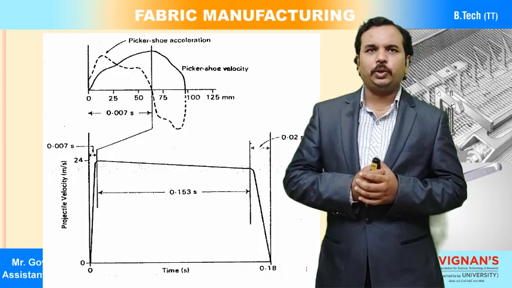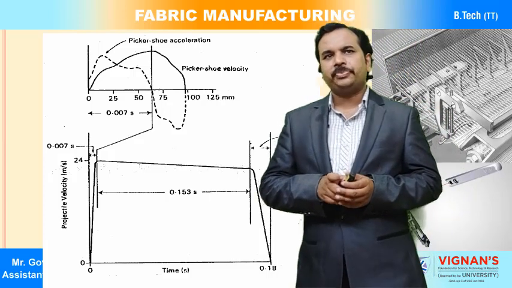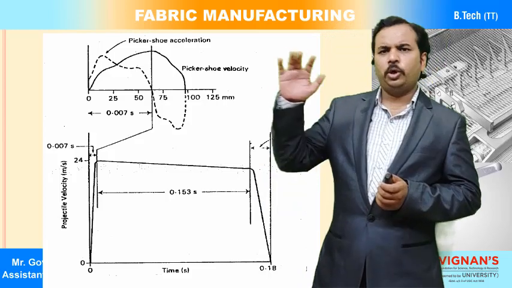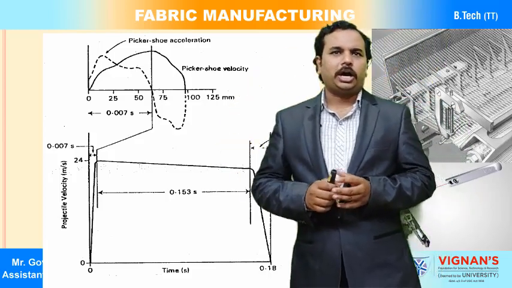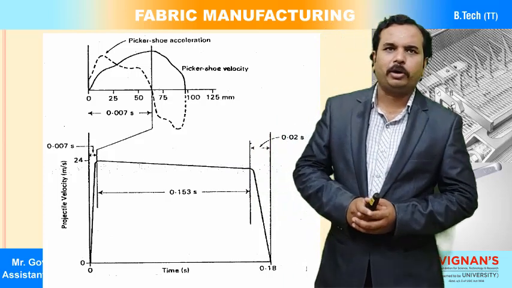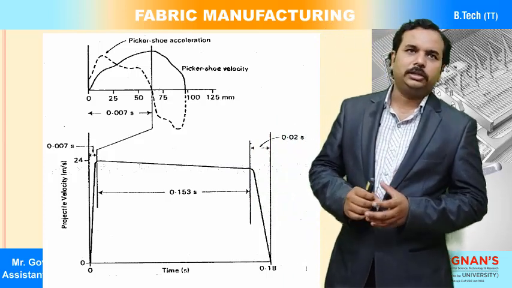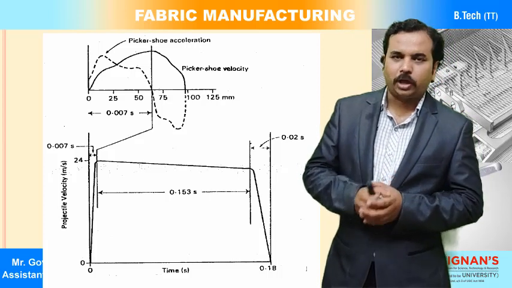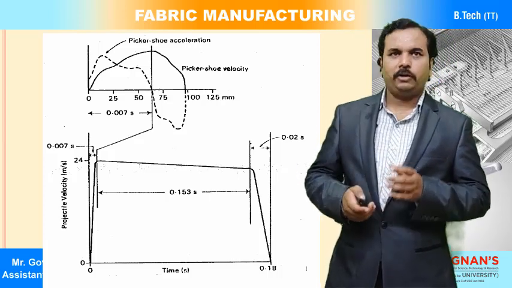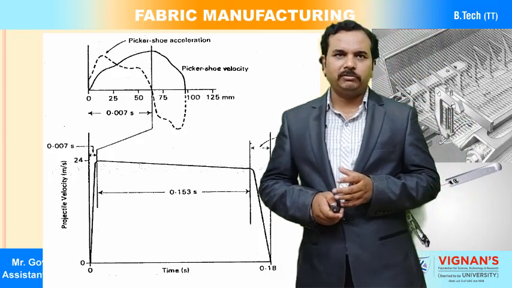And the velocity, you can see, slowly increases and then decreases. Up to 100 mm of this length, it is accelerated to a particular velocity. So this is the velocity and acceleration curve.